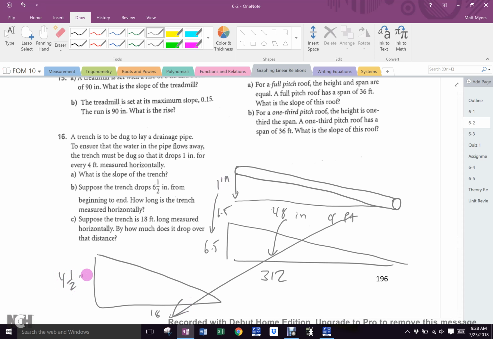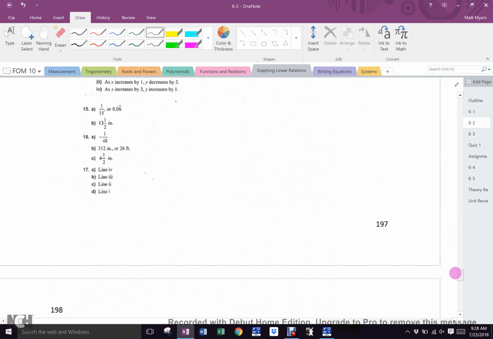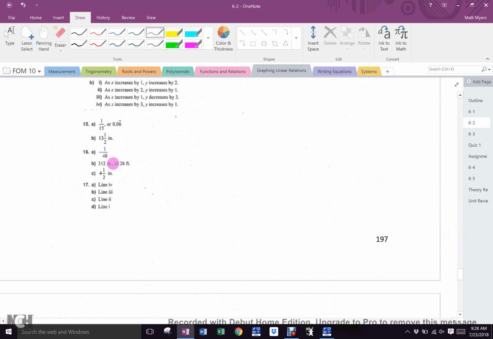No, it's 13.5 feet. So you would, of course, divide by 12, and you would get the answer. 312 inches or 26 feet.